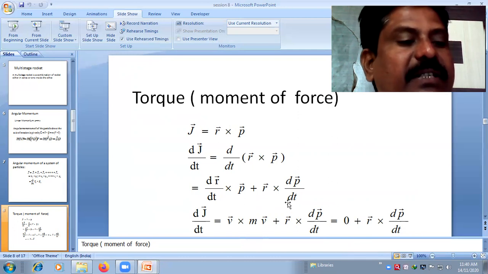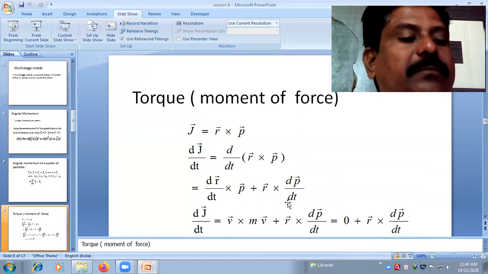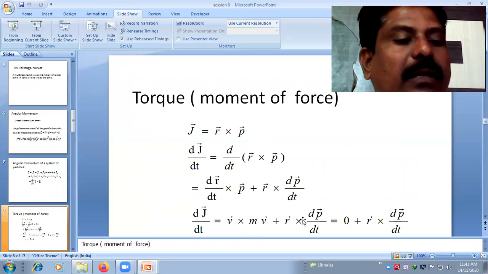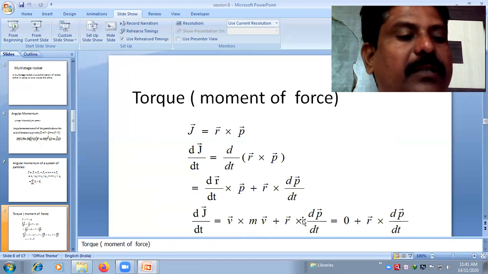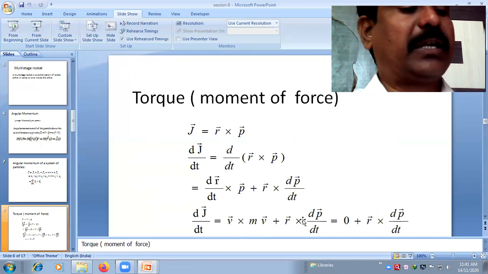For that, consider a particle of mass m rotating about a fixed point. Let r be the position vector and v be the linear velocity of the particle.